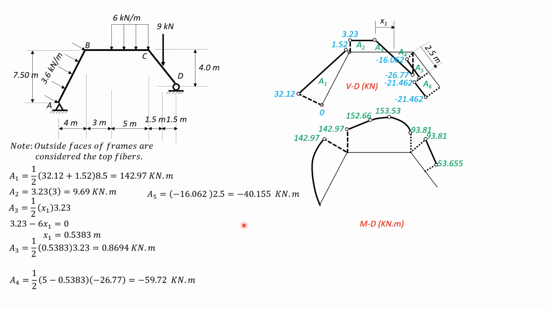So negative 16.062 times 2.5, negative 40.155. So that would be 53.655. And finally, minus this last area here, which is 2.5 times 21.462, area 6. Negative 21.462 times 2.5, so it is negative 53.655 plus 53.655, straight line, that's 0.